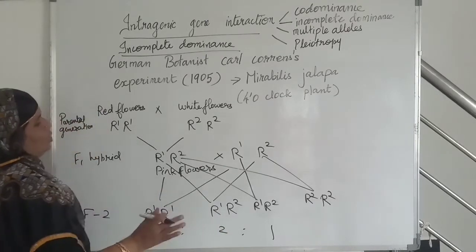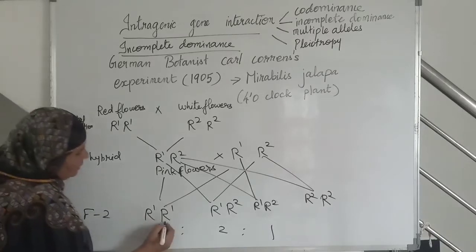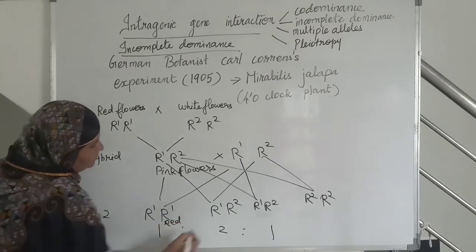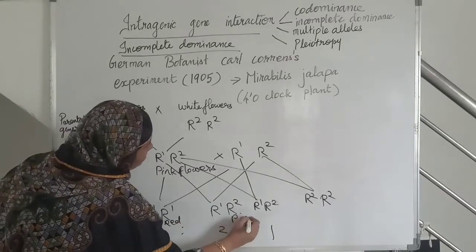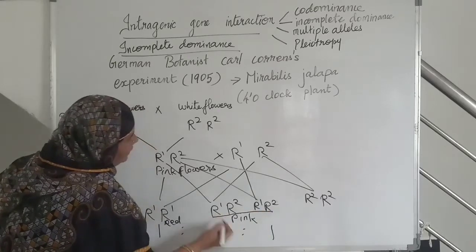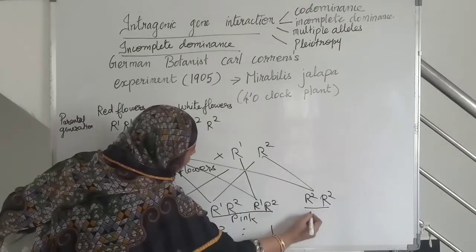The phenotype ratio is also 1:2:1, because there is one red flower, two pink flowers, and one white flower.